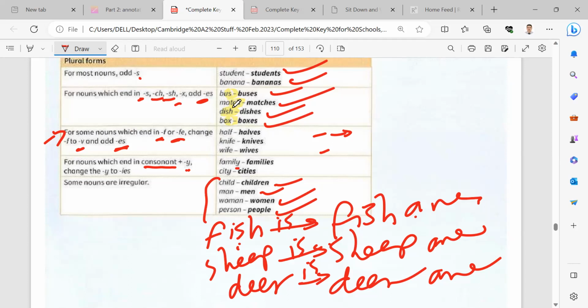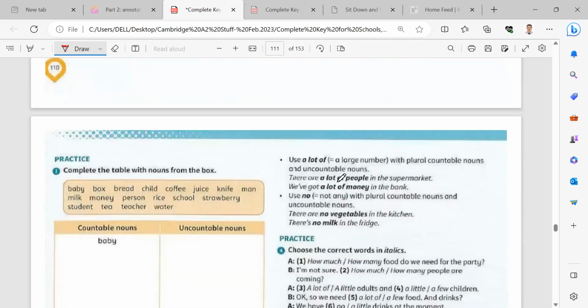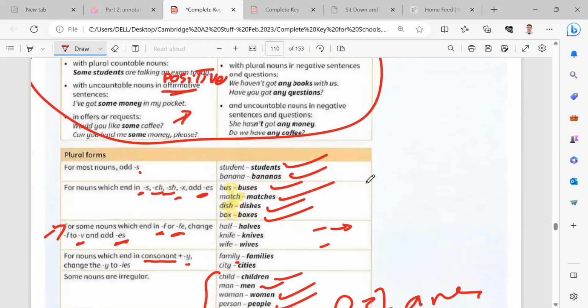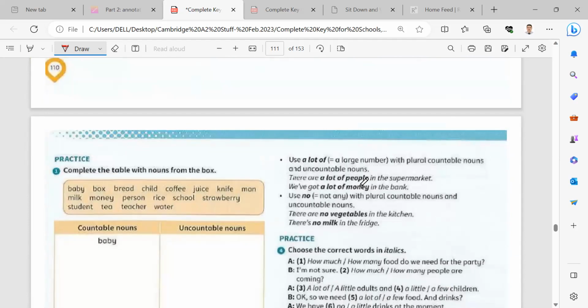You mean if fish has a different meaning? Fishes is a plural for types of fish, not one type, many types of fish. It doesn't matter, you know. You may be right, by the way.